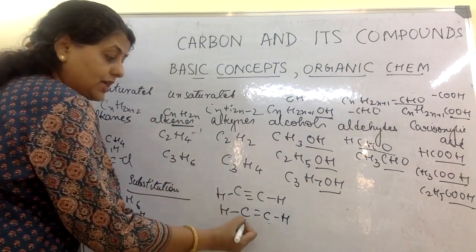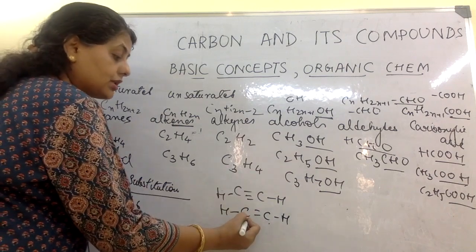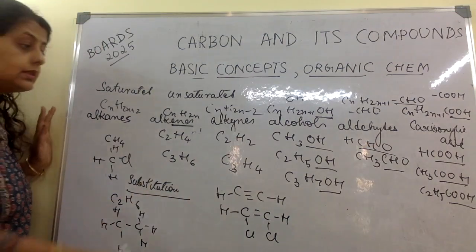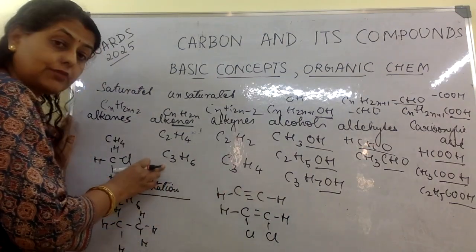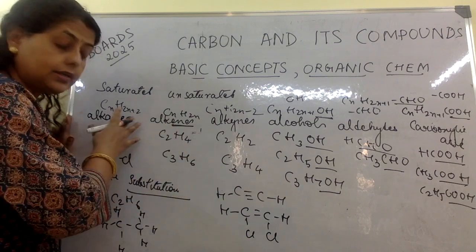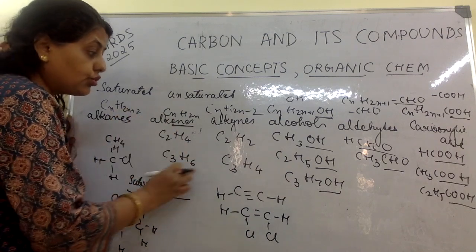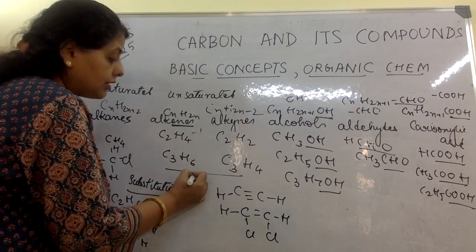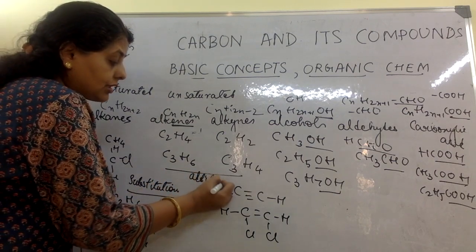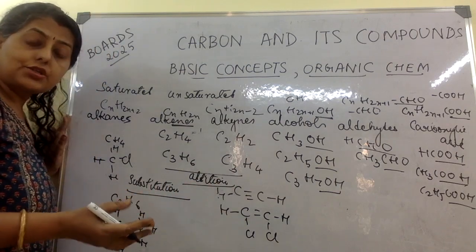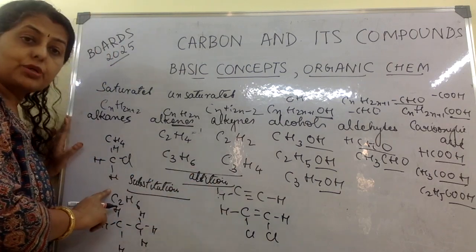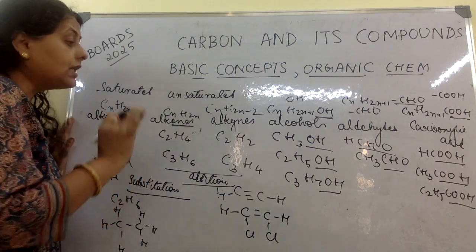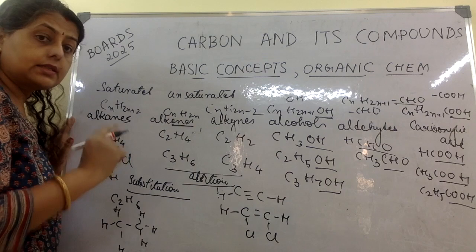That electron combines with the chlorine. Then the double bond opens, becomes a single bond, and takes in more chlorine. So these two go for addition reactions. Unsaturated compounds always go for addition reactions, and saturated compounds go for substitution reactions. Very important question.